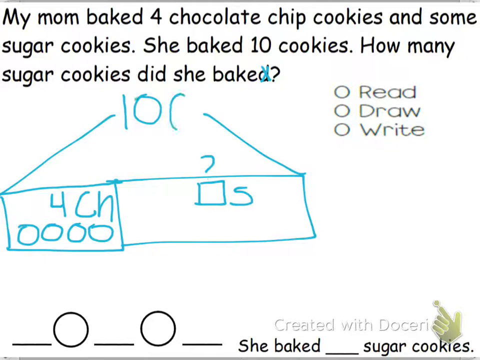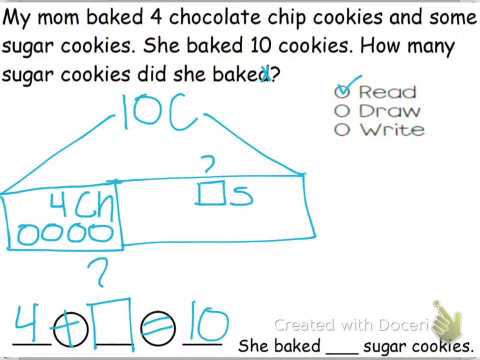So those are the 10 cookies. Or you could have put a B for baked there. So now we could do our number sentence. Remember, we're gonna do an addition number sentence. So we have part plus our other part equals our whole. So 4 plus mystery box equals 10.